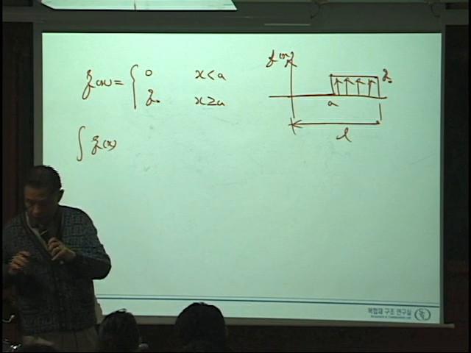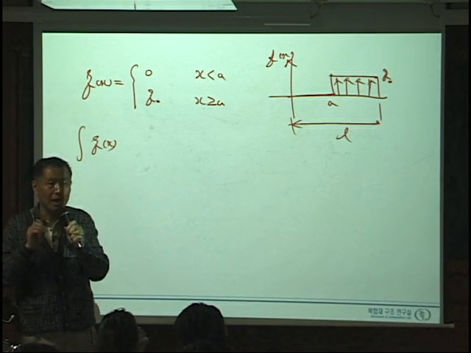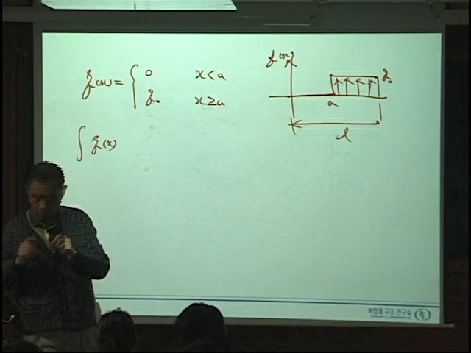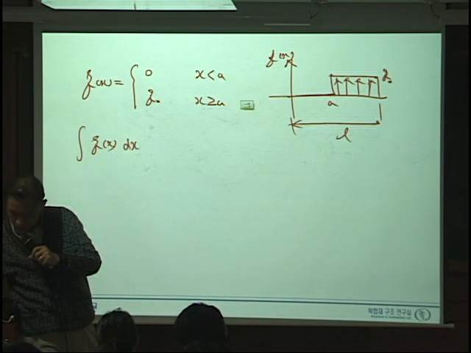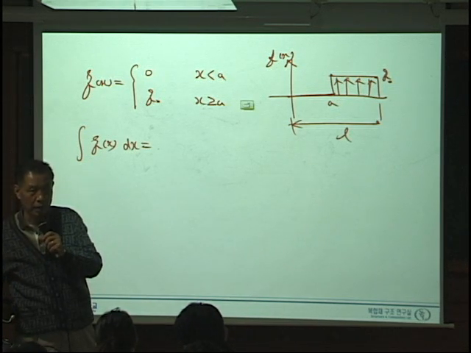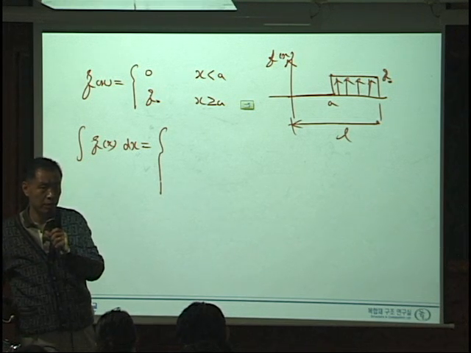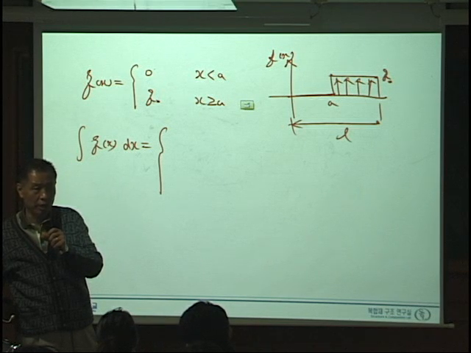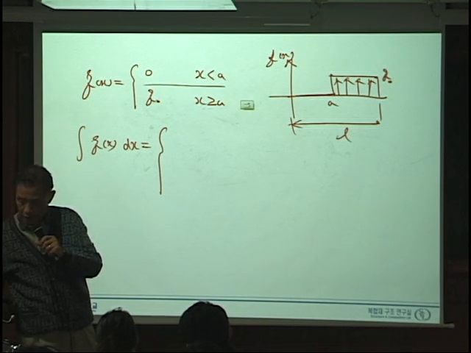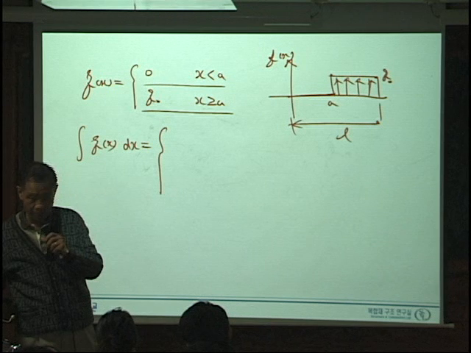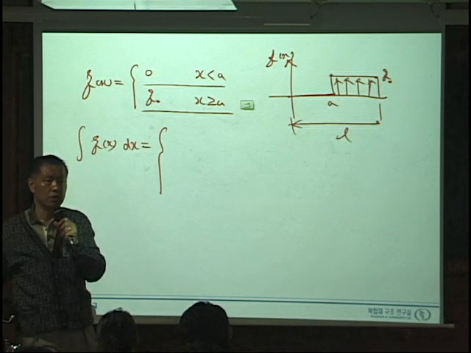But let's try not to use a singularity function, okay? Integrate q(x) dx. The procedure will be that we just integrate this region and this region separately, right? So let's integrate the 0.